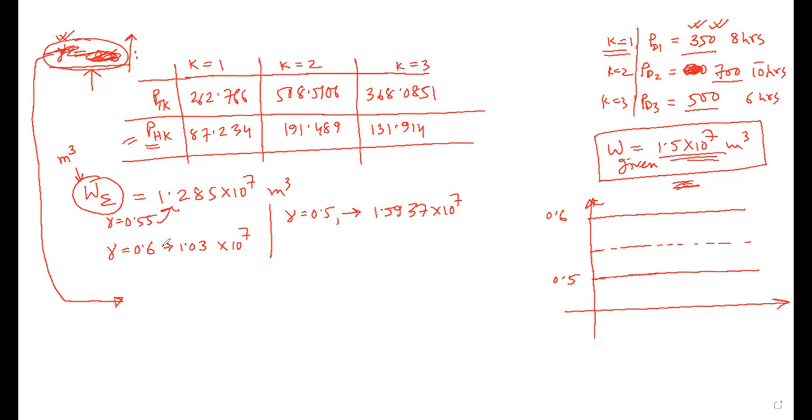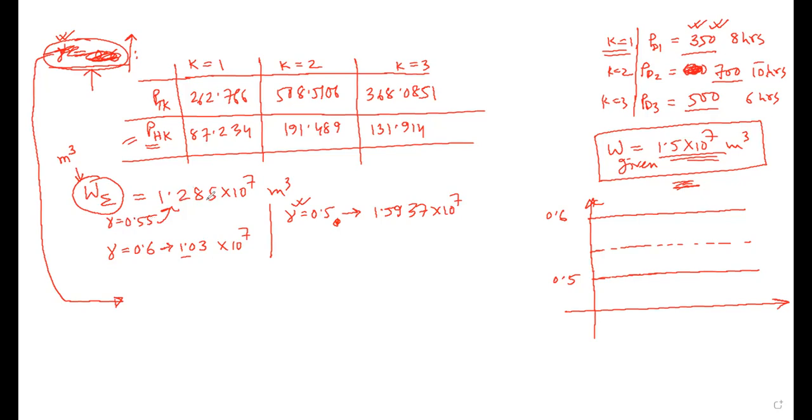Okay, so for these three gamma, the first one we took, we found it is greater than this. We took some higher value of gamma intentionally. We found that this W value is less than W given. We took the average of these two, and we found it is 0.55.